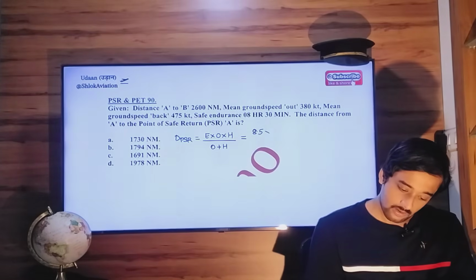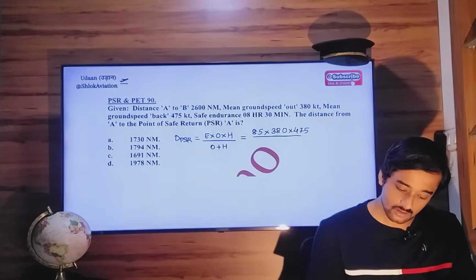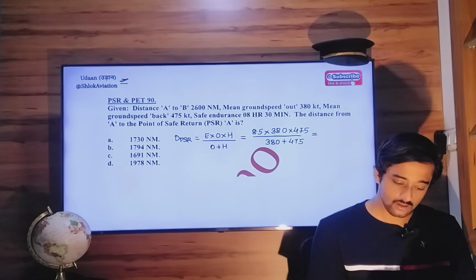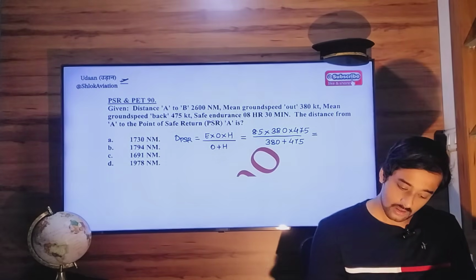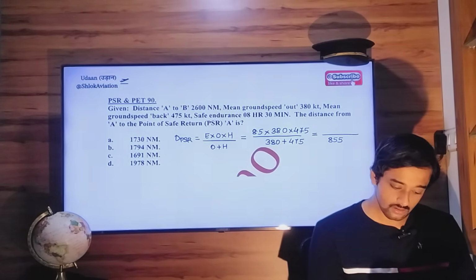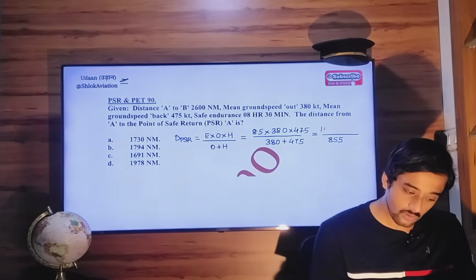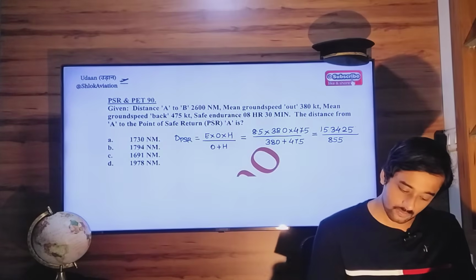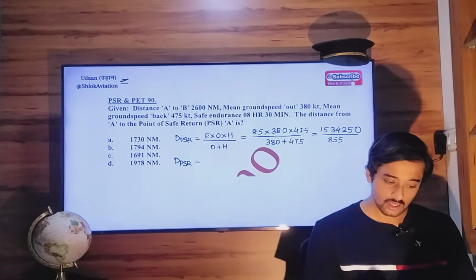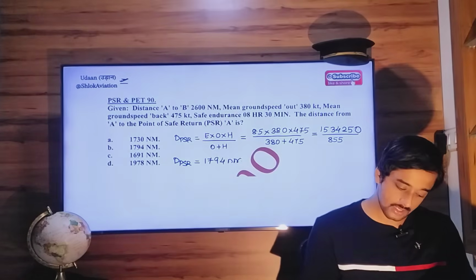So 8.5 into 380 into 475, 855. 1534250. Distance to point of safe return is 1794. Okay? So 1794 nautical miles. So option Bravo.